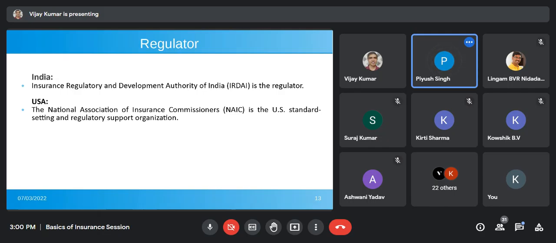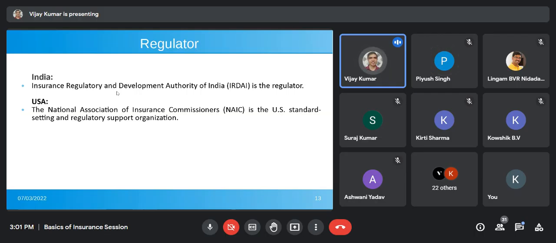Right. Because these are big companies, how can an individual fight their case against big companies? So suppose you had a right policy and now the insurance carrier is saying we won't pay you any claim. What could you do in that case? You can easily approach the regulator saying that I have this policy, but the insurance company is denying me my claim.